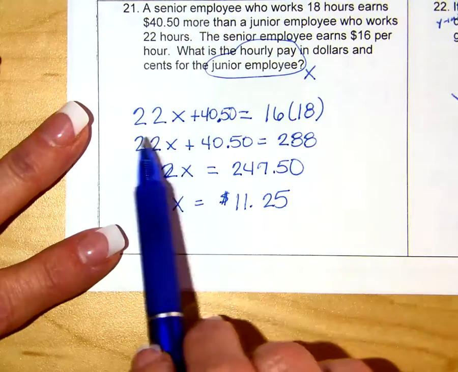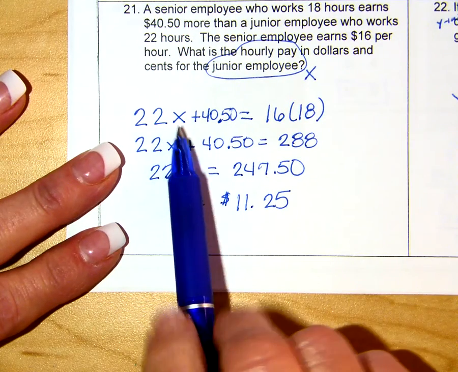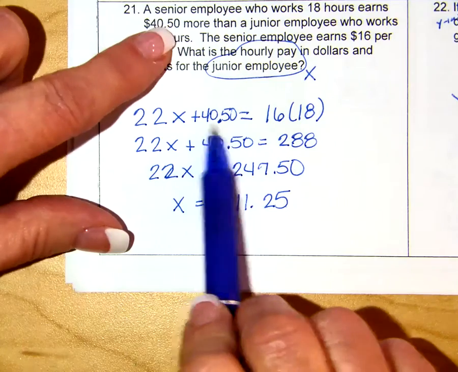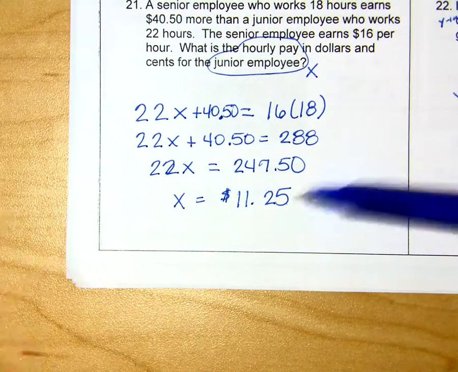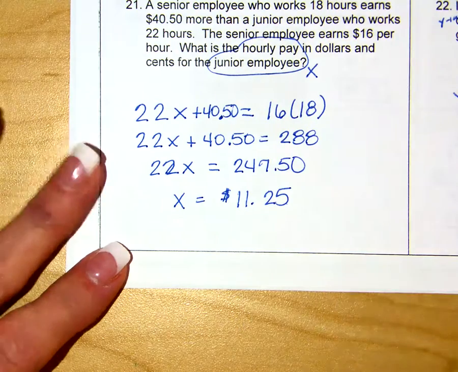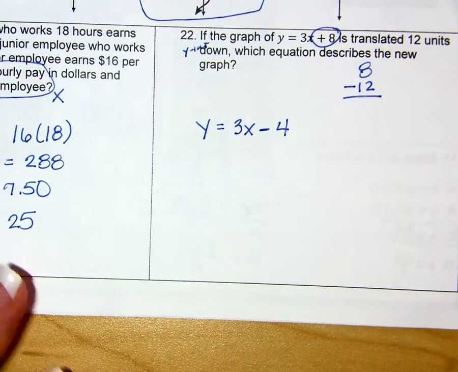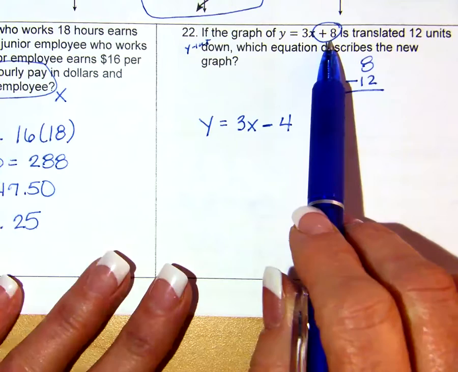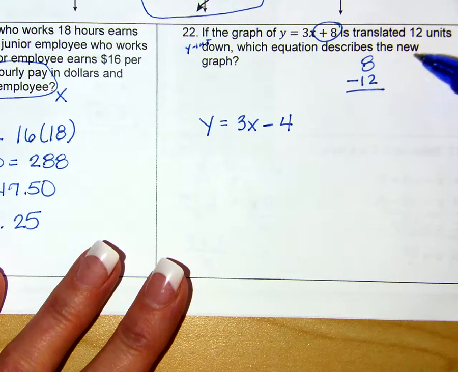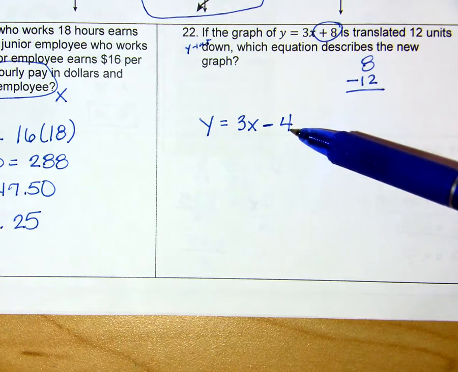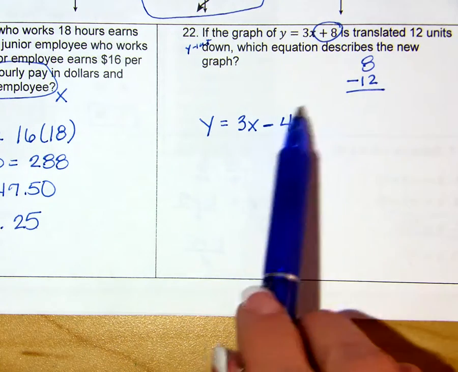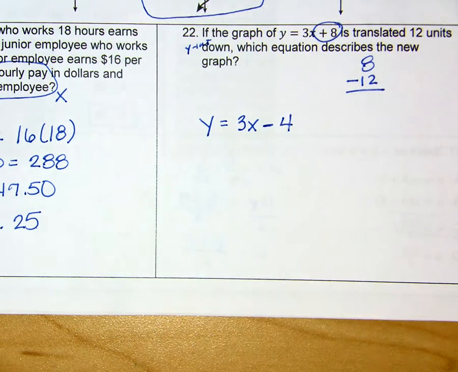For number 21, we took what the junior employee made plus that much to get to what the senior employee made, and then solved for x, which is the hourly pay for the junior employee. And then we looked at the y-intercept in number 22 and translated it down 12 units to get a new y-intercept of negative 4. And since their slopes were the same, there was no change there, we get a new equation of y equals 3x minus 4.